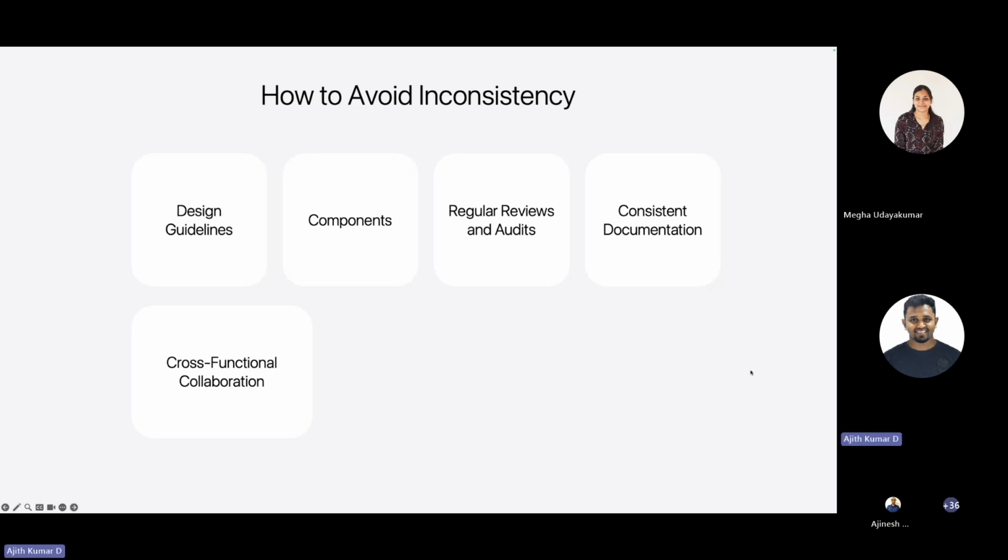Encourage collaboration between designers, developers, product managers, and stakeholders to ensure that design consistency is maintained throughout the development process. This is a must. After creating or defining the consistency, we have to ensure that it is applied in the development also.